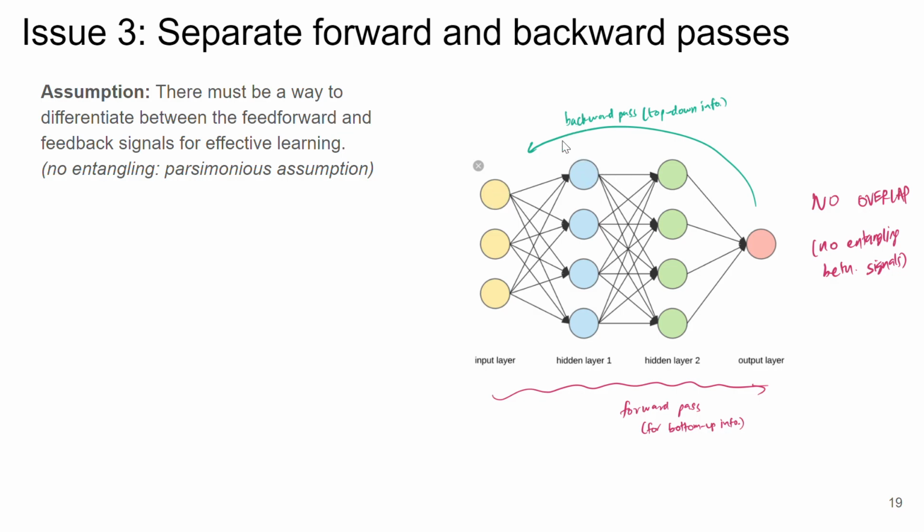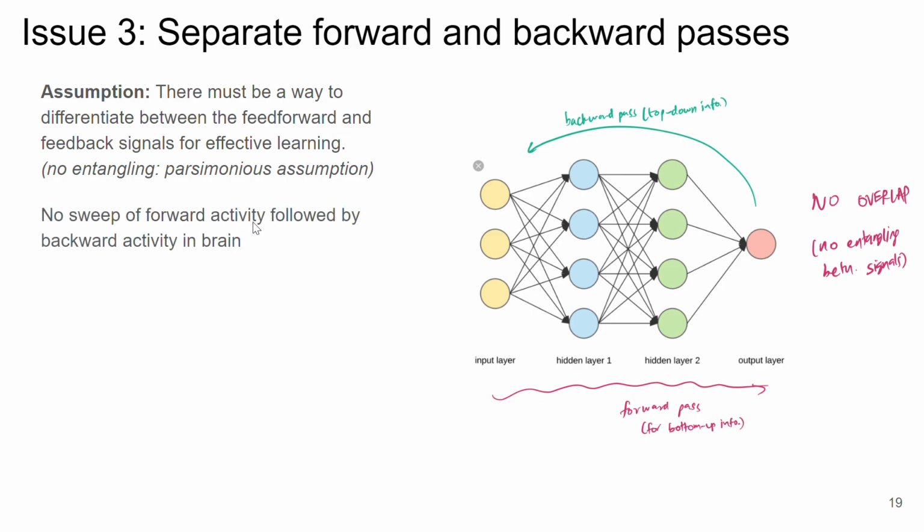So there must be a way to differentiate these two. And that is something we assume. This is again a parsimonious assumption, because if the neuron can't differentiate between the feedback values and the feed forward values, we don't know of any algorithms that can still disentangle them and still learn.